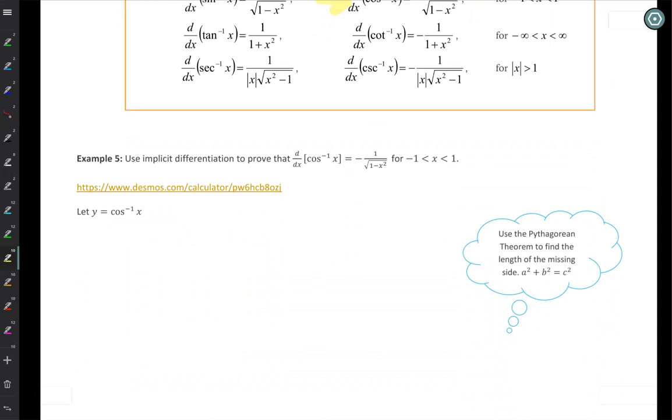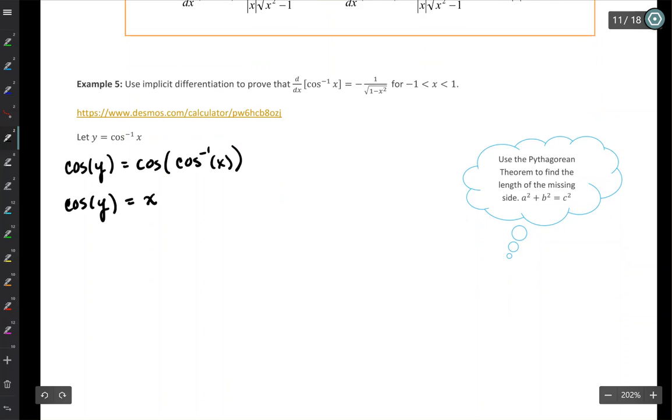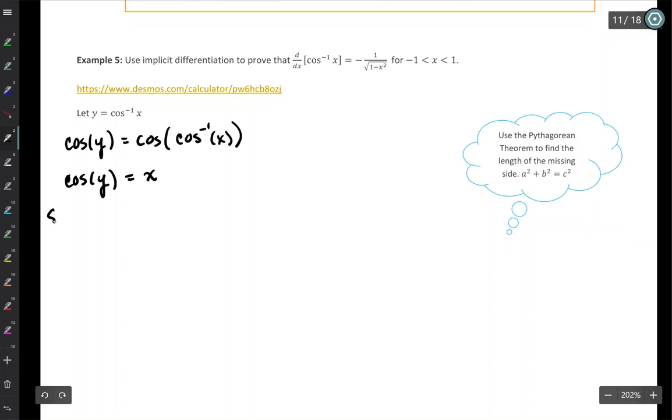All right, so first let's let y be inverse cosine of x. Then the equivalent statement is the cosine of y is x. If I take the cosine of both sides, cosine of inverse cosine of x is just x. And now I'm going to do my implicit differentiation.